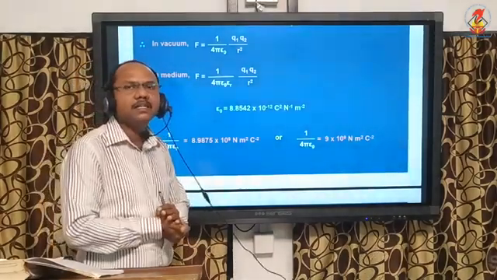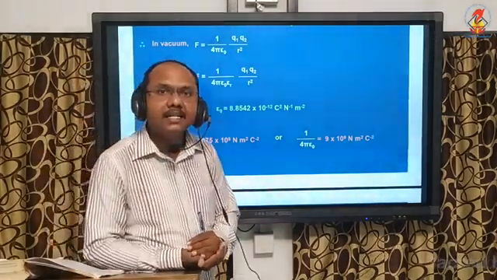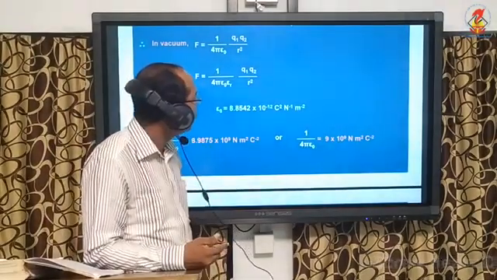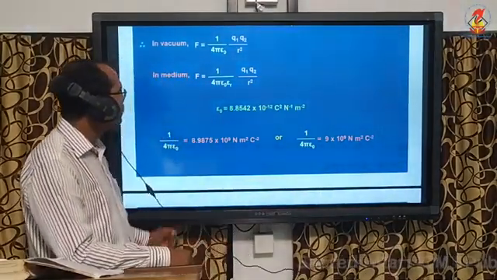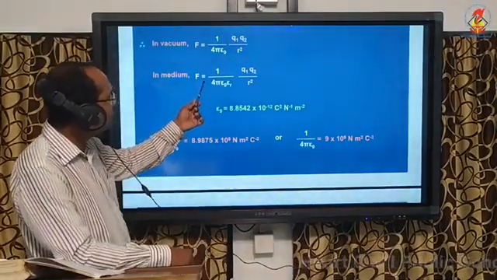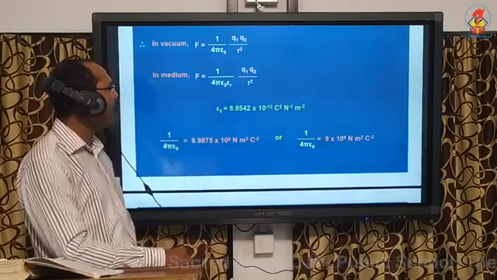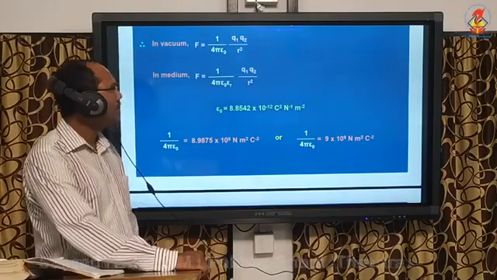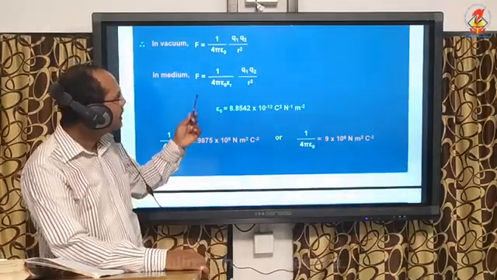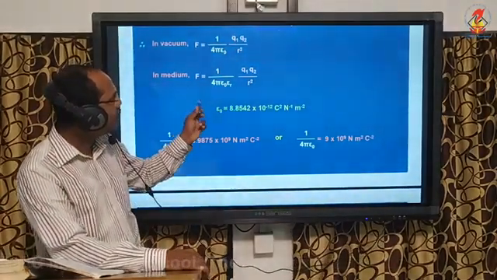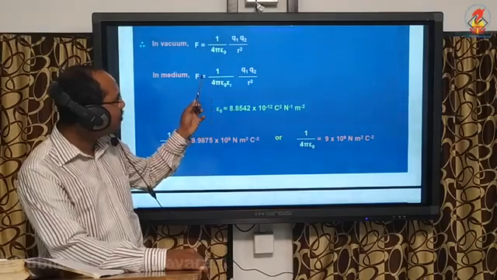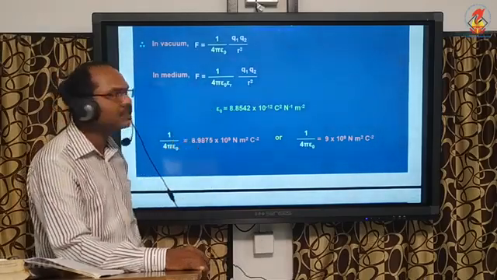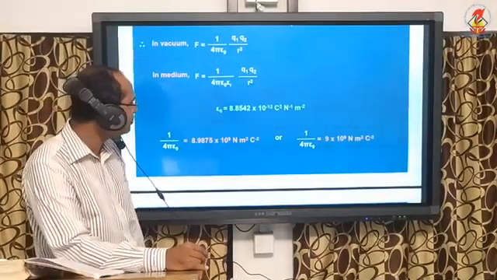If we are placing 2 charges in a medium, the equation will change to F is equal to 1 by 4 pi epsilon 0 epsilon r q1 q2 by r square. In the second equation, you can see that there is one epsilon r which is coming in the denominator.